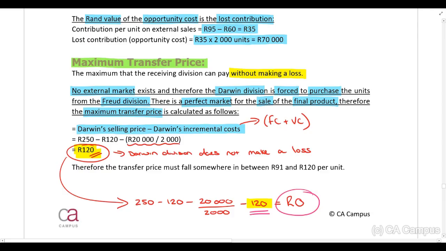If the transfer price is more than 120 Rand, this division would make a loss. So that's why when you're performing this calculation, you take your fixed and variable costs into account. We are trying to calculate the maximum that the Darwin division can pay without making a loss. So we can just then wrap up this example. Our transfer price will then fall between 91 Rand and 120 Rand per unit.